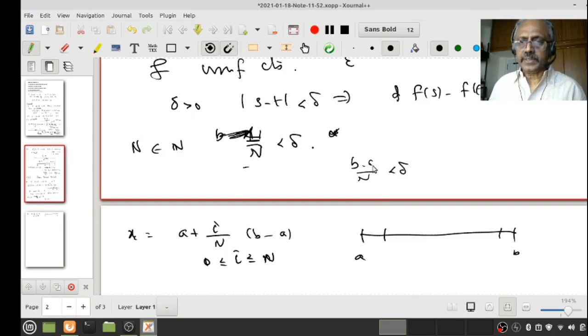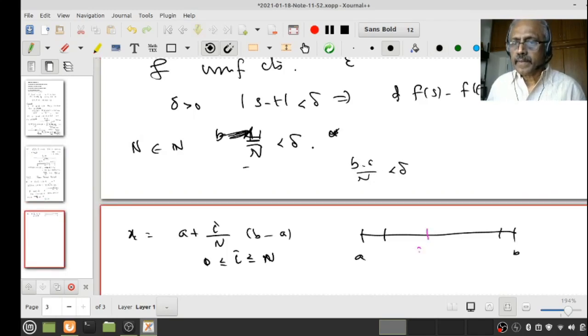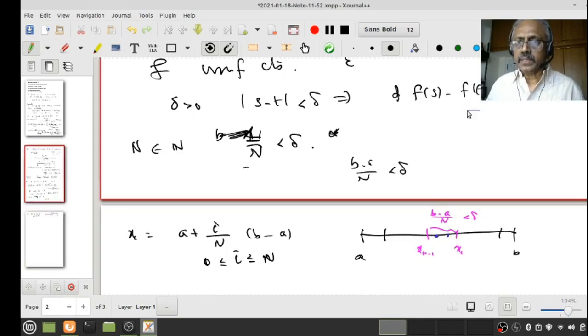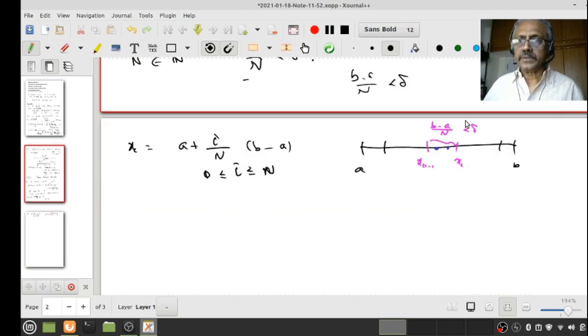Choose n so that (b minus a) by n is less than delta. Therefore for any x(i-1) and xi, this distance will be (b minus a) by n, which is less than delta. Therefore if you take any two points Si and Ti, where f of Si is the maximum and f of Ti is the minimum, the distance will be less than epsilon because of this result. Have you understood? Yeah.